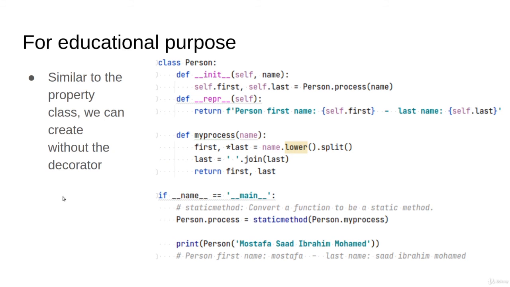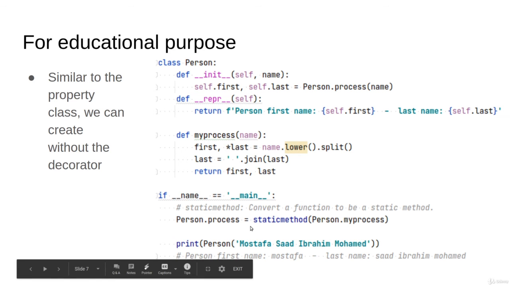For educational purposes, I would like you just to know that we can do things without the decorator. For example, you can here define the myProcess function in the same way, but we didn't put the static method decorator here. And then you can come here and say person.process, you are creating a function here inside the person class, and say that this function is of type static method.